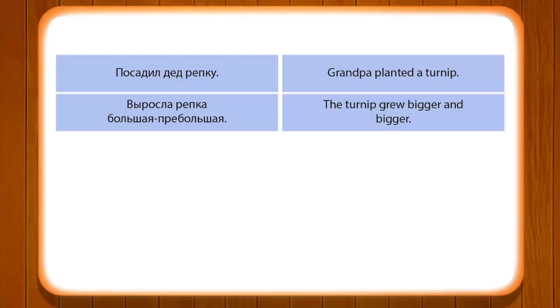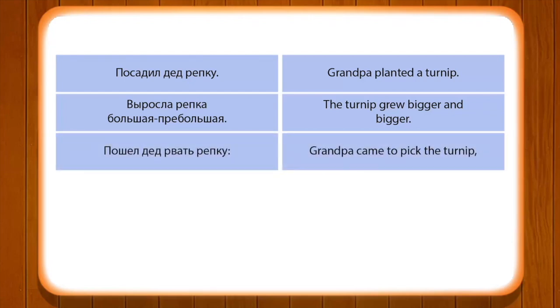Poshol ded rvat repku. Poshol is to go. Ded, dedushka, you know that, the grandpa. Rvat, to pull it out or pick it up. So in this next sentence we have Poshol ded rvat repku. Poshol means to go.